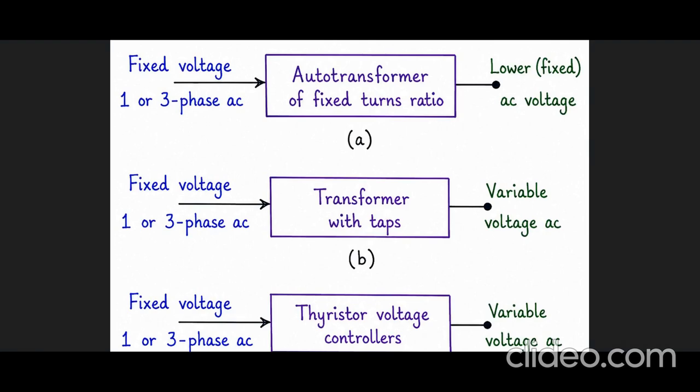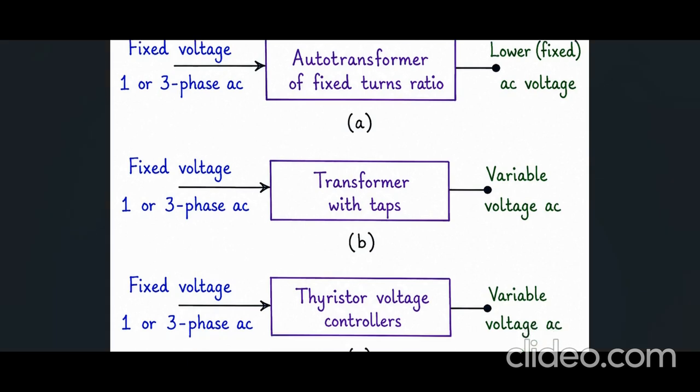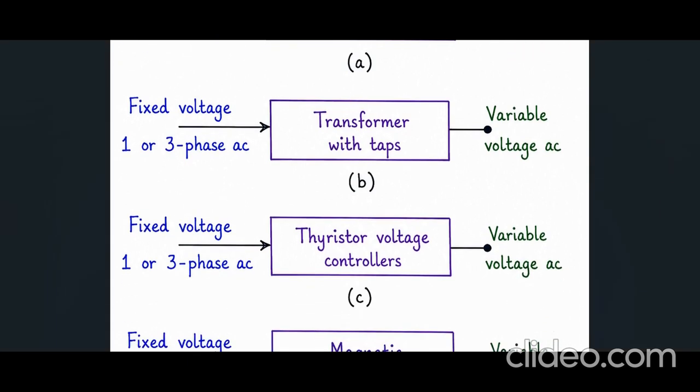Next, let us look at AC voltage controllers. The first method is to use an auto transformer. Since the turns ratio is fixed, output voltage is also fixed. A transformer with taps allows us to obtain different voltage levels by selecting different taps. The most widely used today is the thyristor AC voltage controller.